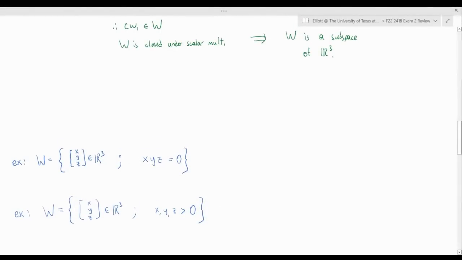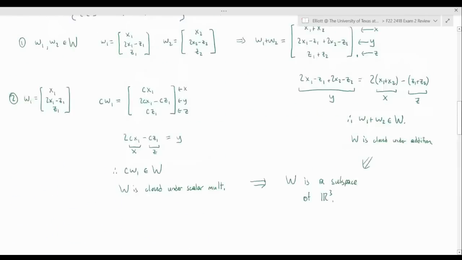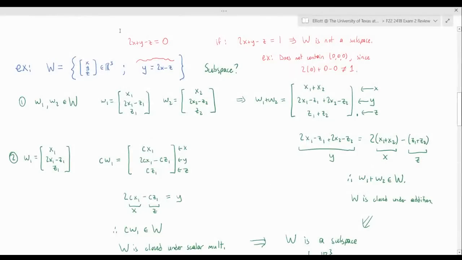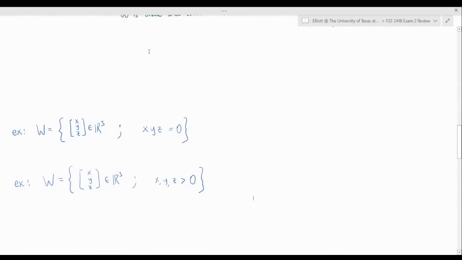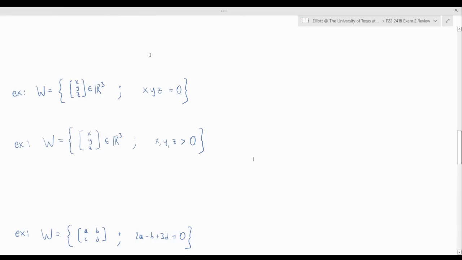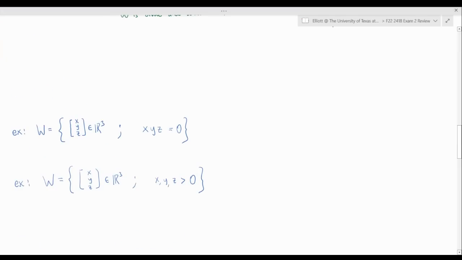If I change the equation so that it's not just numbers multiplying x, y, z and then being added or subtracted, it's not going to be a subspace either. So for example, for something like this here, where you have x, y, and z being multiplied with each other rather than being added and subtracted like we had earlier, something like this is not going to be a subspace.